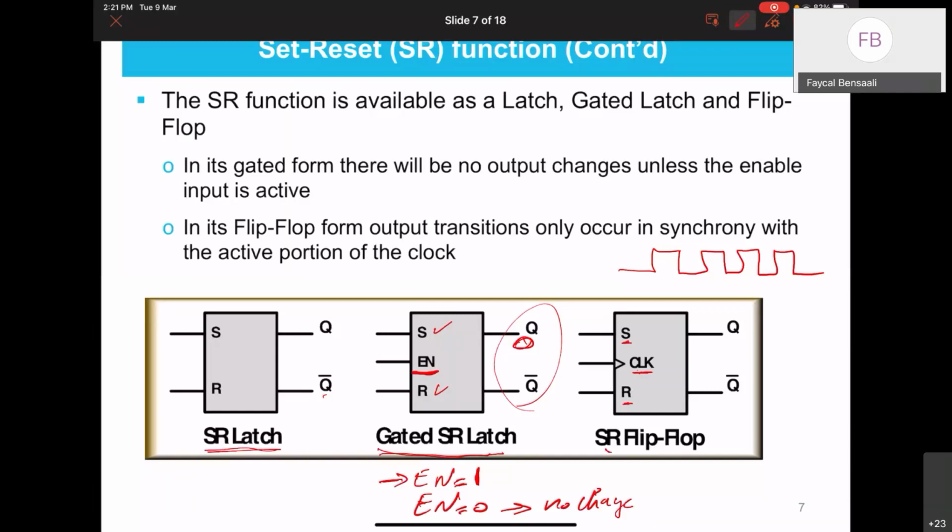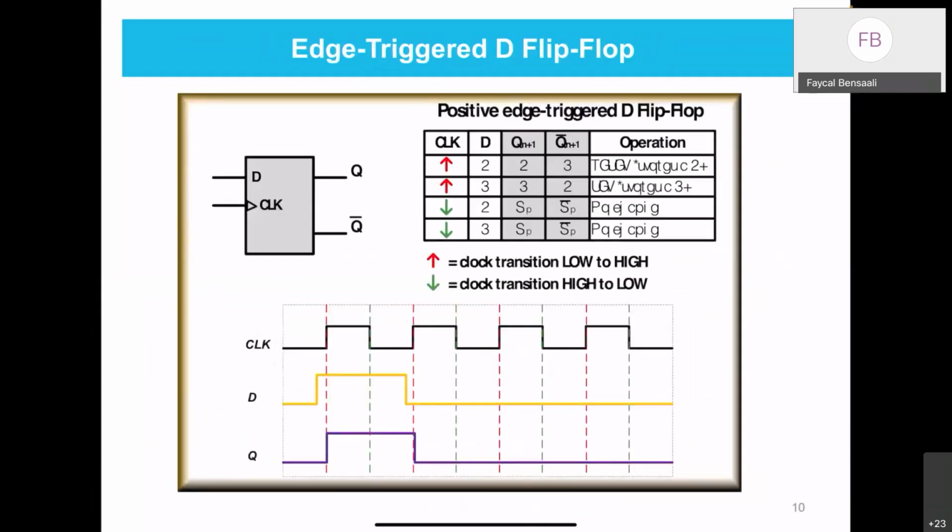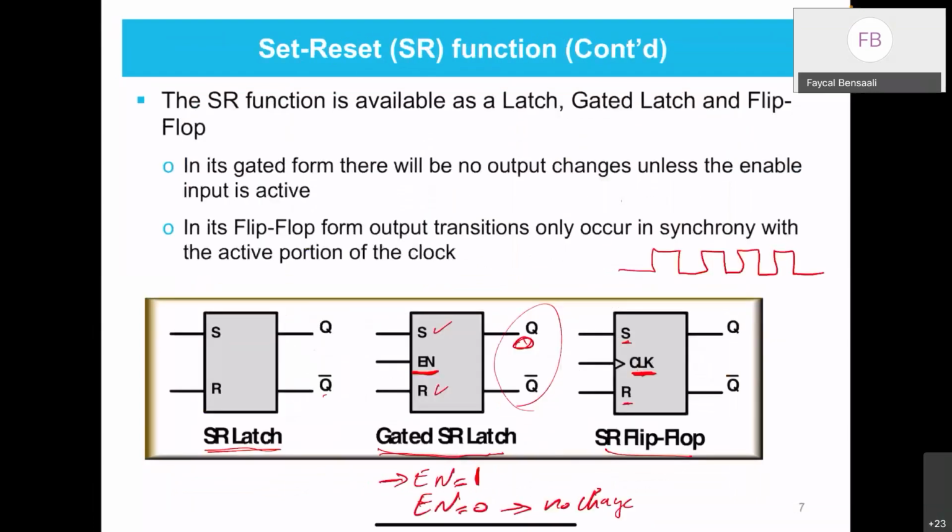For the flip-flop, we have the clock. I will explain how we work with the clock later, I think in this slide here. Again, Q will depend on S and R, but they will be updated like here. Q and Q bar will be updated only if enable is 1.